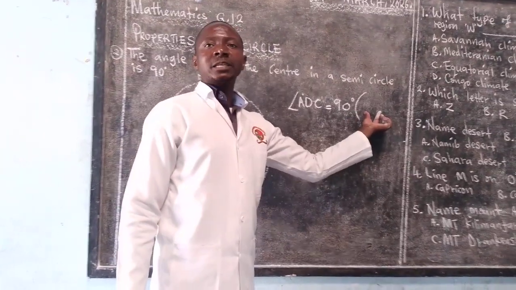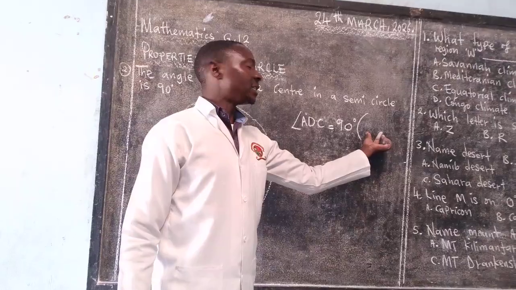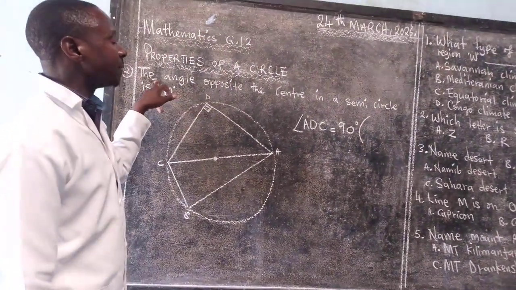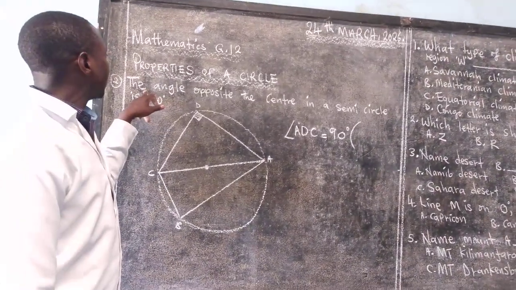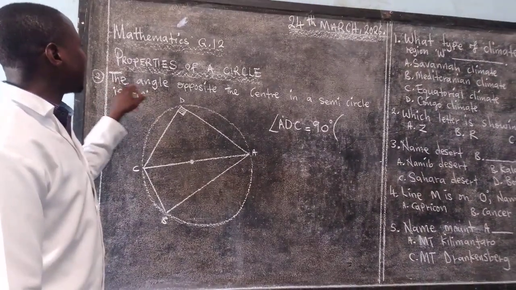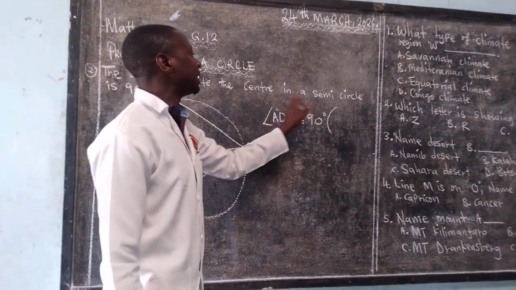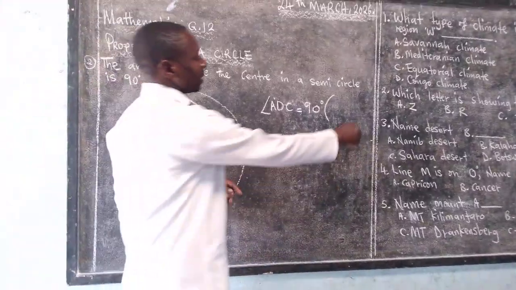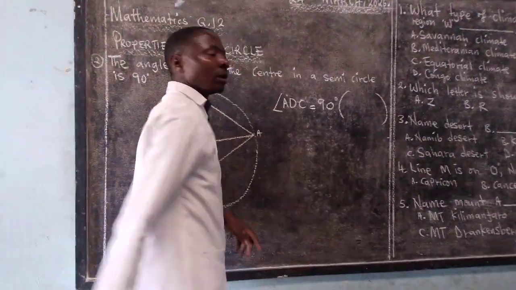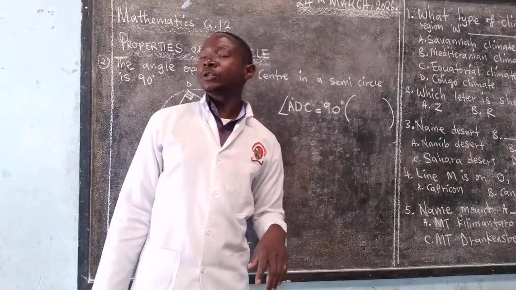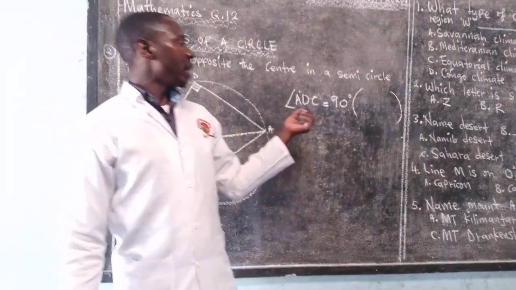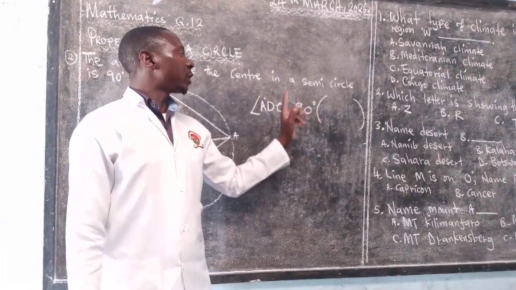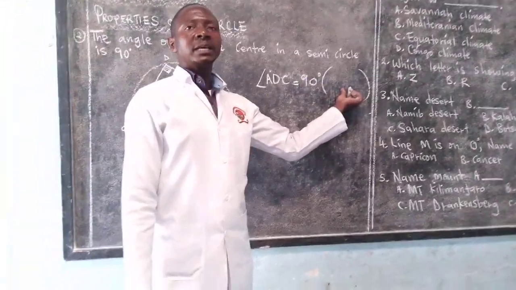In the bracket, write the property which says that the angle opposite the center in a semicircle is equal to 90 degrees. Then close. Your teacher or the one who is going to mark your work will be able to know that this person has found 90 degrees because he knows the property.